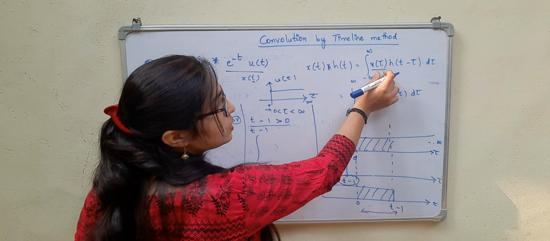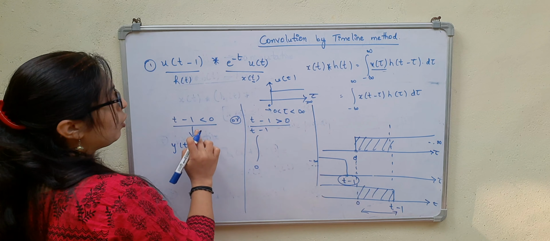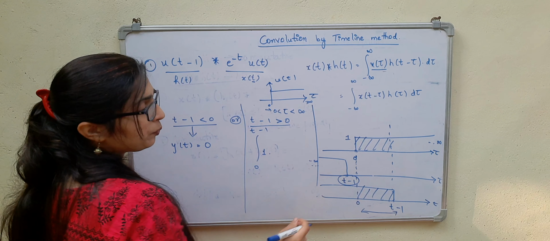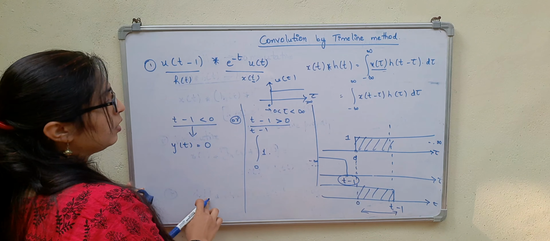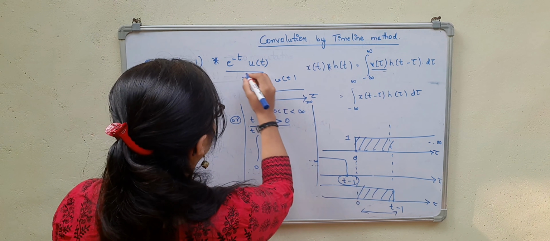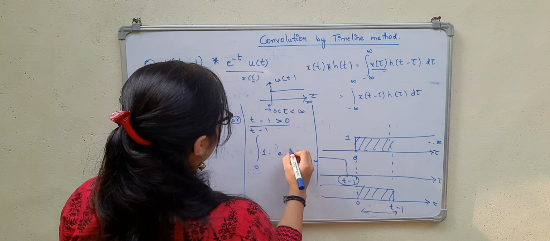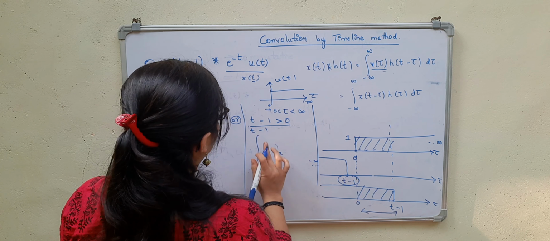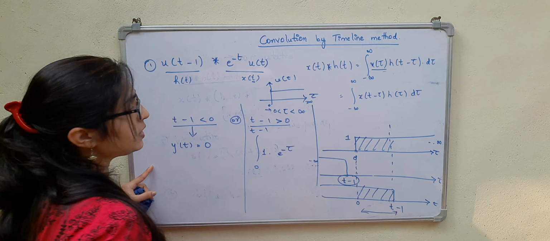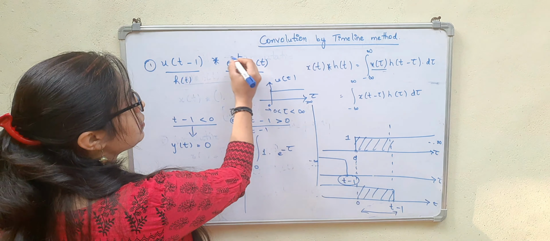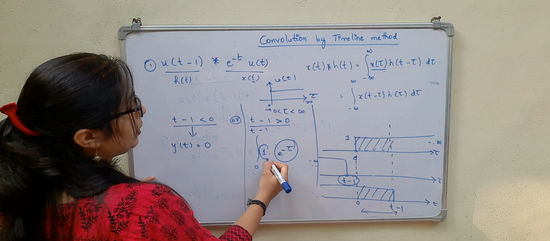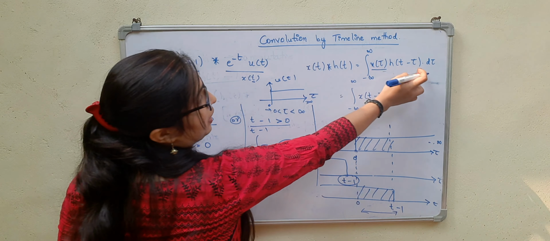And what about x of tau? We have already found it out. The value is 1. So 1 into, and what is this? It will be e to the power of minus tau, because this is your x of tau. Then this one will be your h of t minus tau.